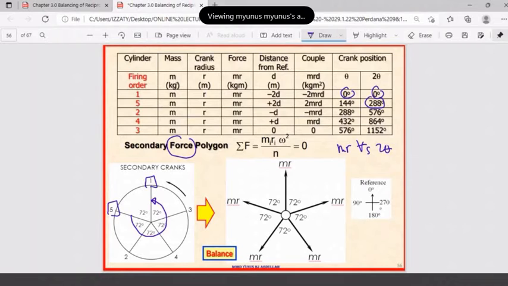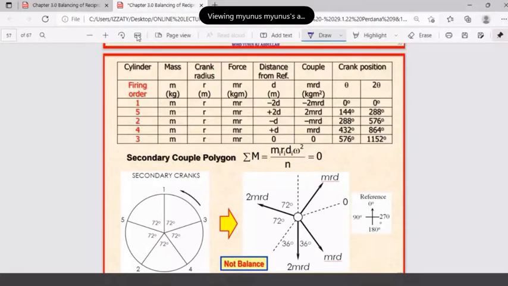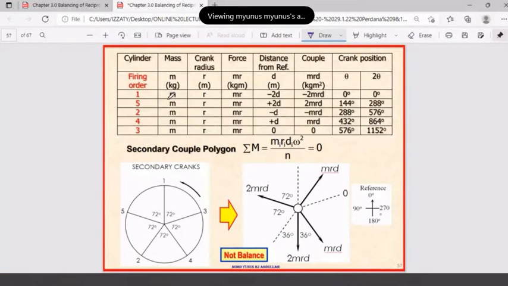On and on, it is balanced now. And if you move on to the last polygon here, you find that it is also not balanced. So in conclusion, there are terms that are balanced and there are terms that are not balanced. Okay, then you have the conclusion. And we move to the next one.